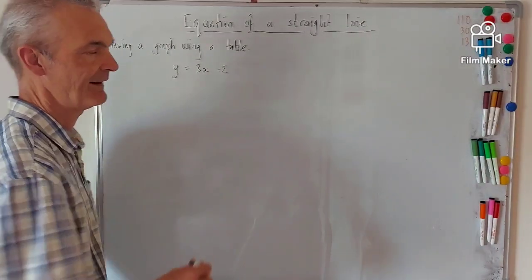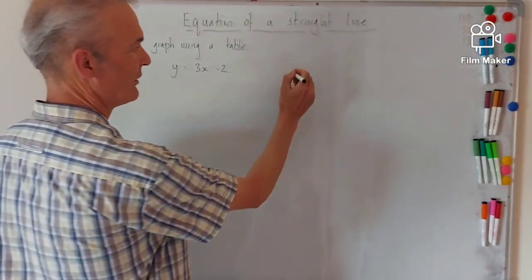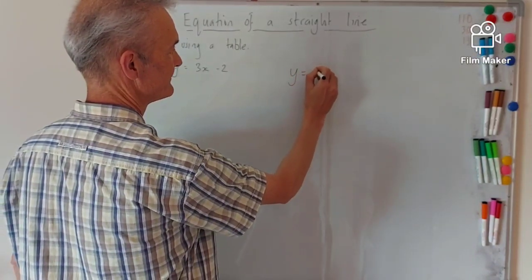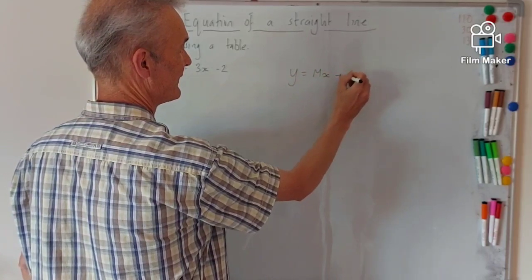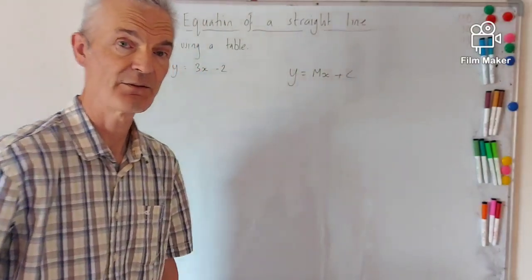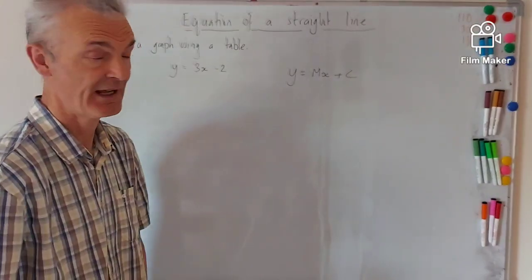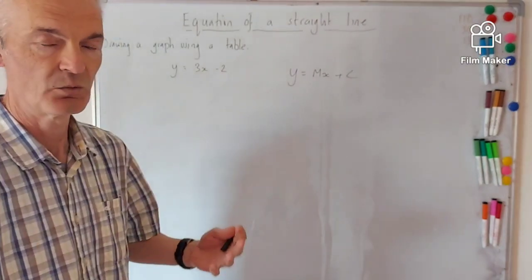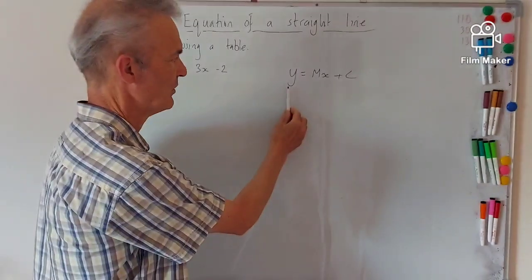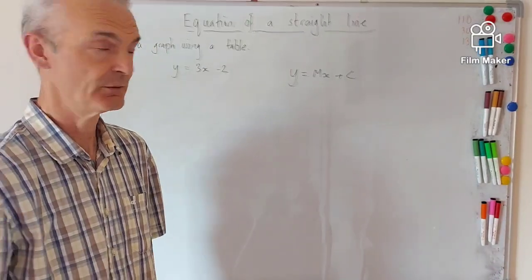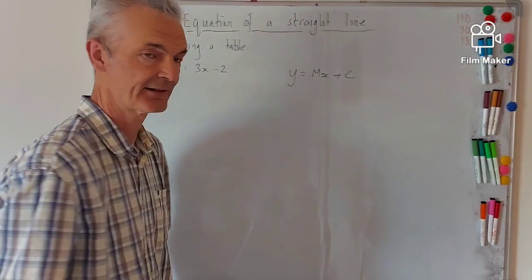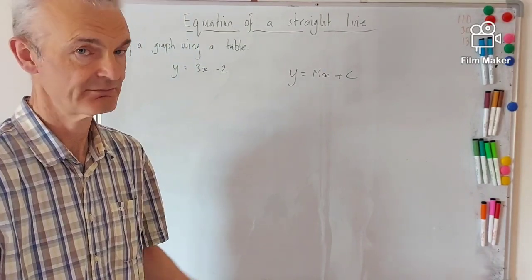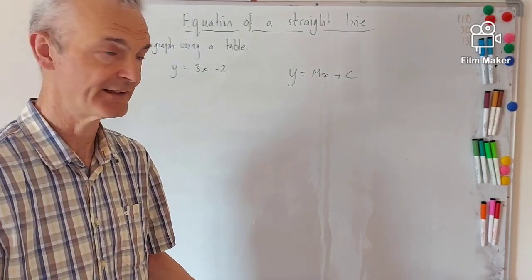Now, in general, the equation of a straight line looks like this. This is one that you're going to have to remember. y = mx + c. That's the equation of a straight line. What does it mean? Well, the y is just a y coordinate, and the x is just an x coordinate, coordinates from a coordinate grid.